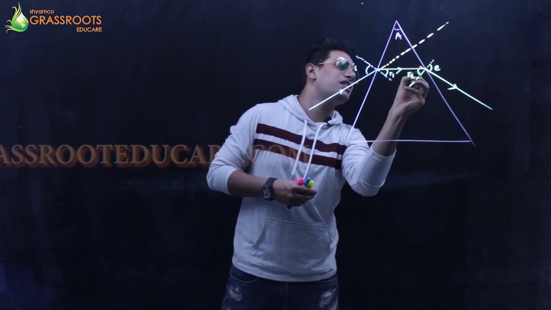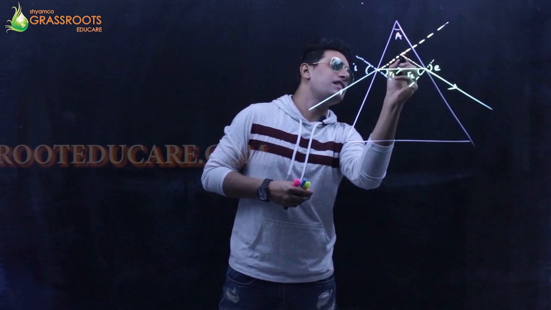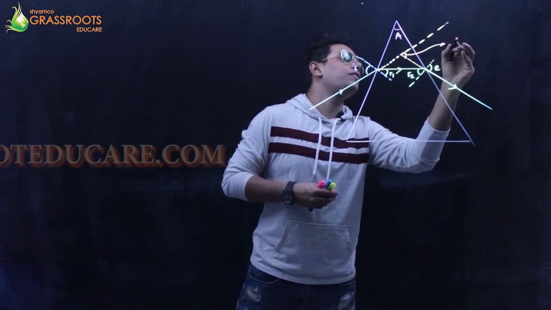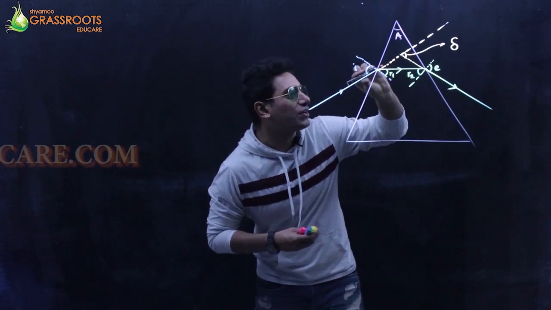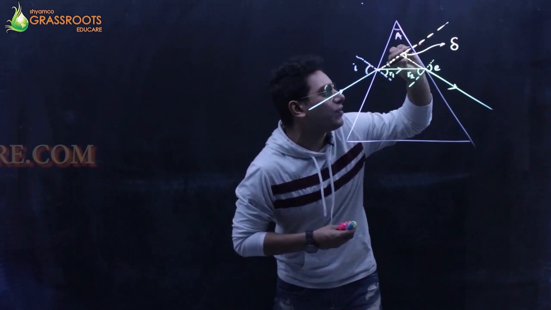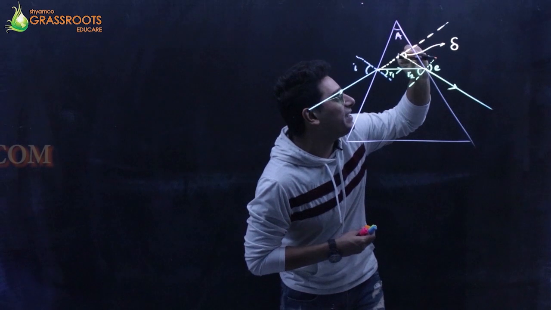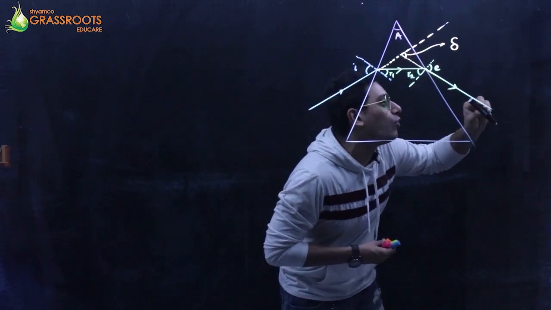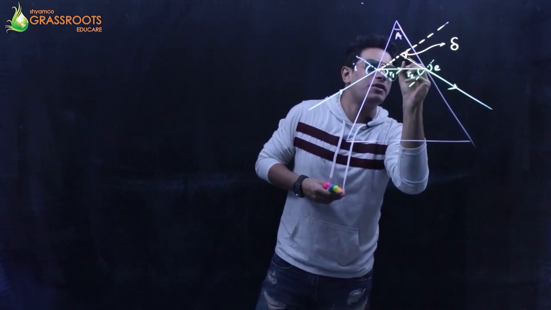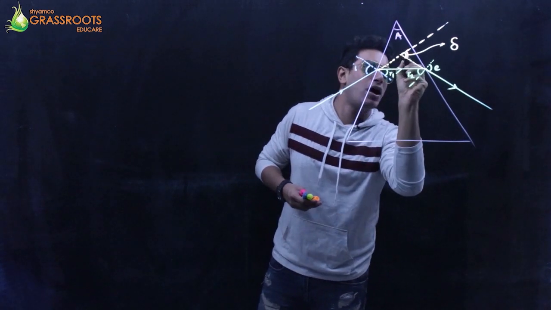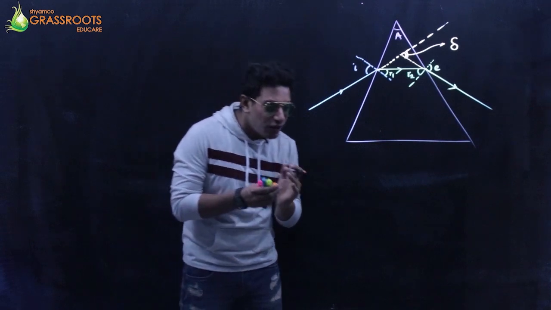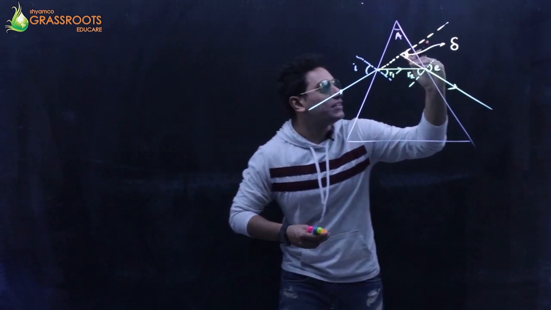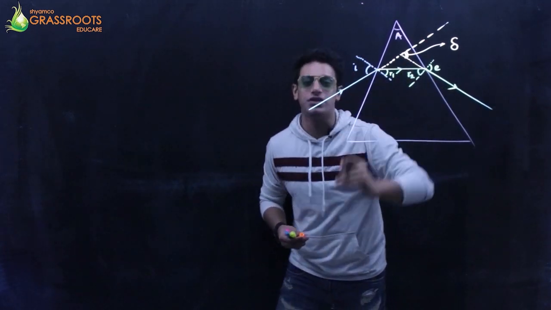That means if you trace this back, isn't this the amount of deviation delta which has taken place? Obviously, because the incident ray bends and goes down. That means the bending which has taken place is at an angle which I have marked out here. That is called the deviation, the difference in the angle between the emergent ray and the incident ray.